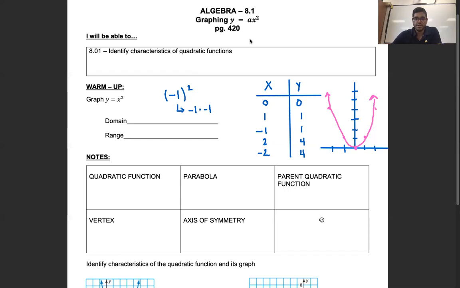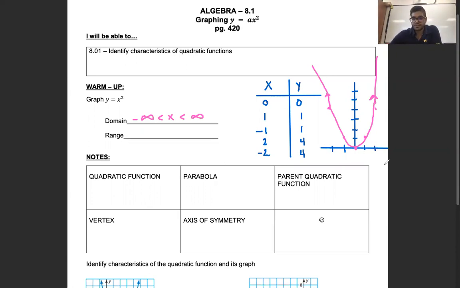So my domain for this parabola goes from -infinity to +infinity. I can write that as -infinity less than x less than +infinity. This is going to keep going on forever and ever, side to side.